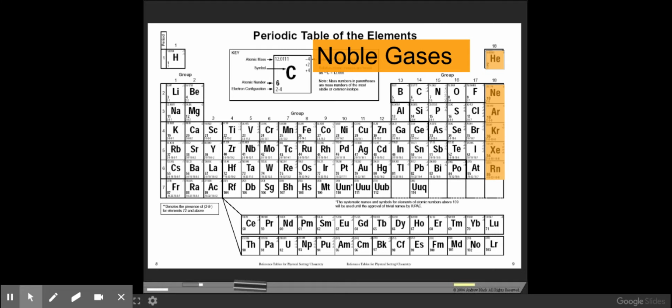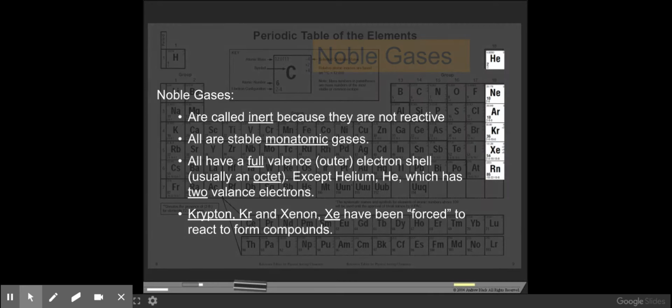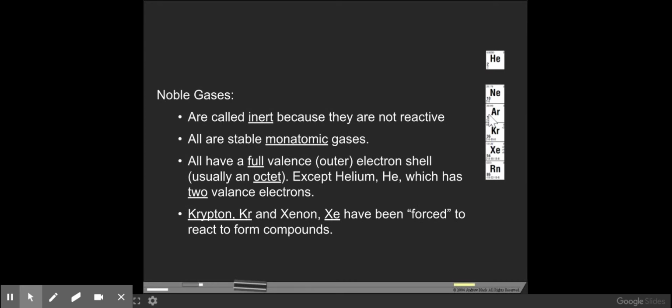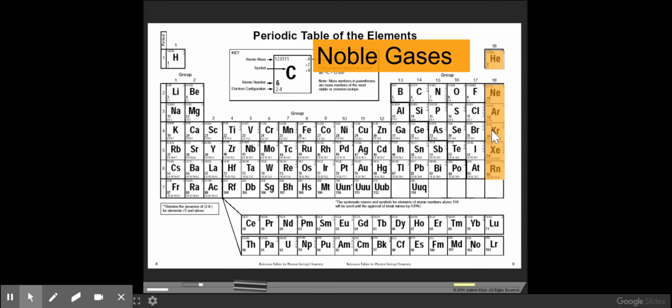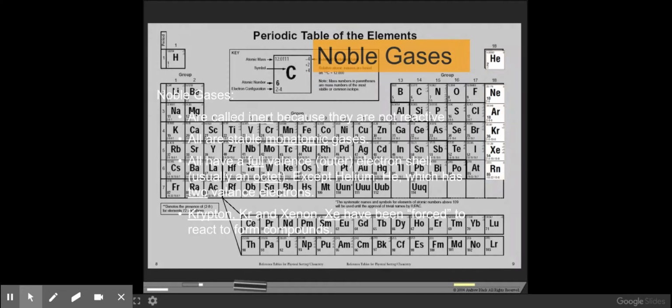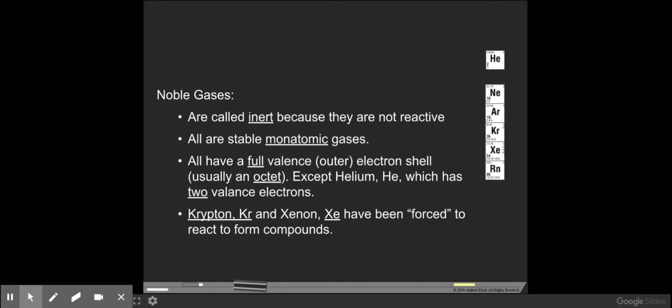Last but not least, we have group 18, the noble gases. Again, they're too noble to bond with anyone on the periodic table because they have the number of valence electrons that they want to be stable. So there's no reason for them to bond with anybody. So they're called inert because they're not reactive. All are stable monatomic gases. Monatomic meaning one atom.